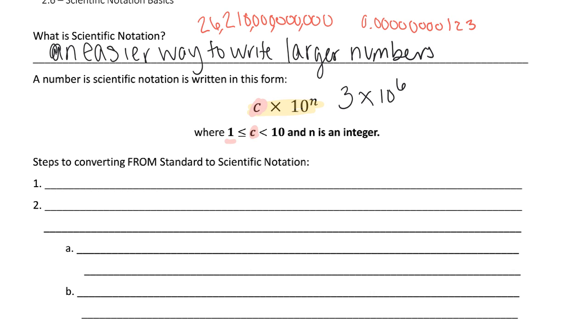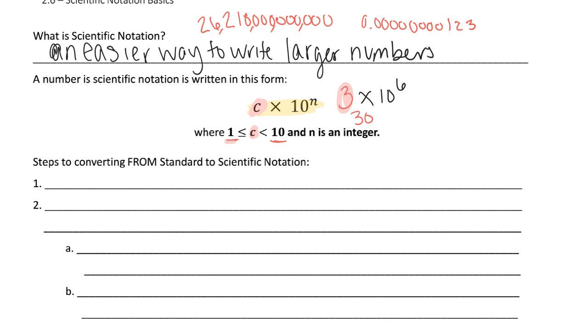If it's bigger than 10 or smaller than 1, then it's not proper scientific notation. Like in my example, I used a 3. If I used 30, that would not be scientific notation. So it has to be between 1 and 10.